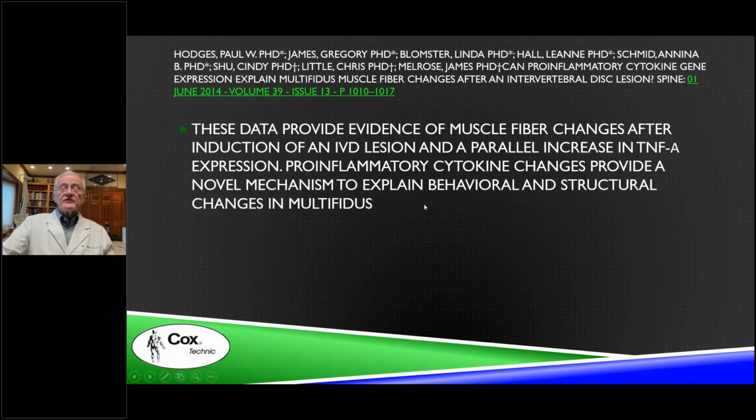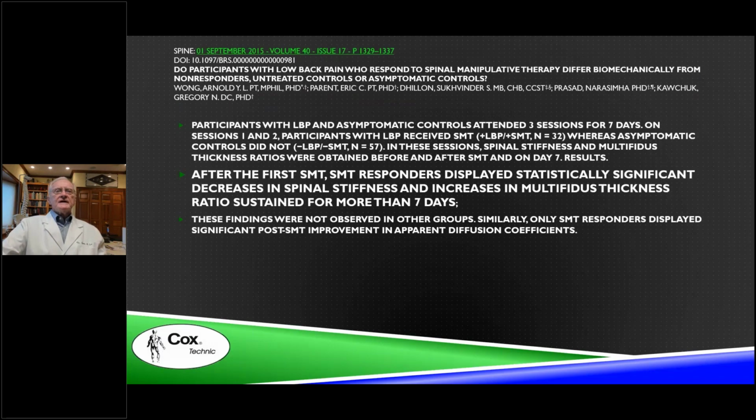The rotatores of the lumbar spine, called the multifidi. Multifidi are the most common fat degeneration muscle in the low back. They demand strengthening, and how we treat them, as I'll share with you shortly.